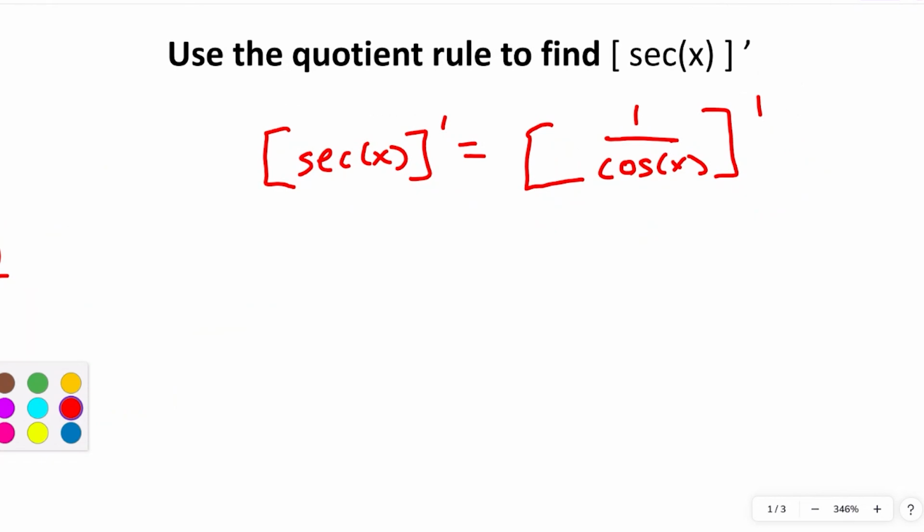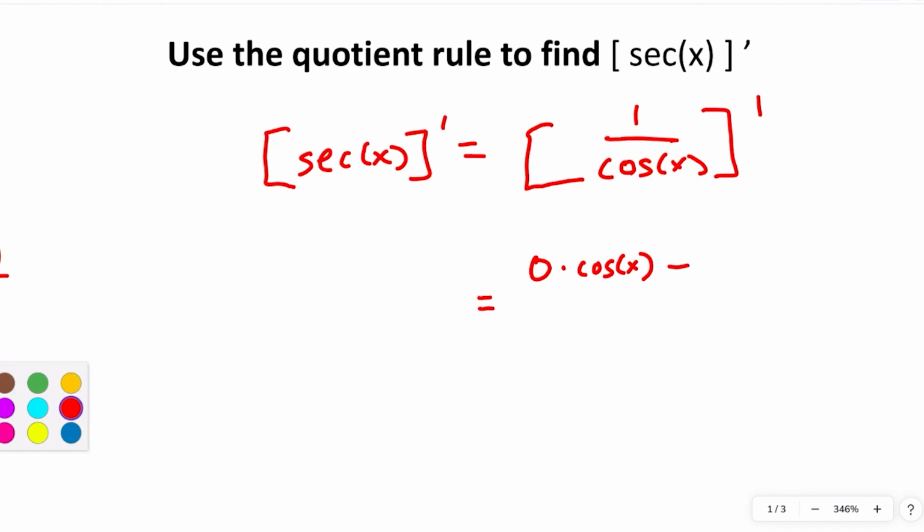Okay, so we'll do the quotient rule here. So we've got the derivative of the top. What's the derivative of 1? Just 0. So this is going to be 0 times, for the sake of completeness, the bottom, which is cosine, so 0 times cosine. But you're right, that's just going to zero out.